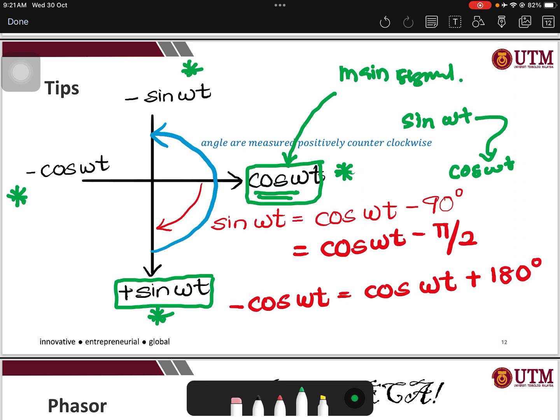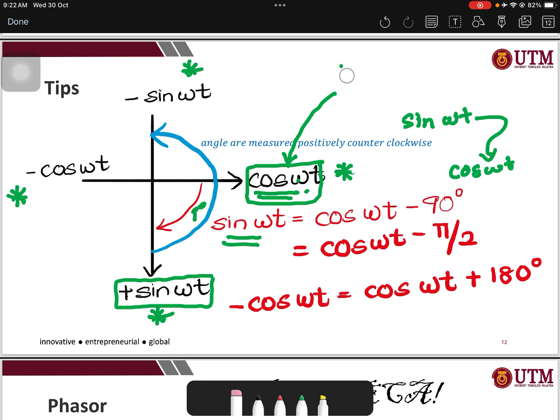Sine omega t is equal to cos omega t minus 90 degrees. Minus 90 degrees because from cos omega t you want to get sine omega t. So sine omega t is cos omega t minus 90 degrees, meaning cos omega t minus pi over 2.